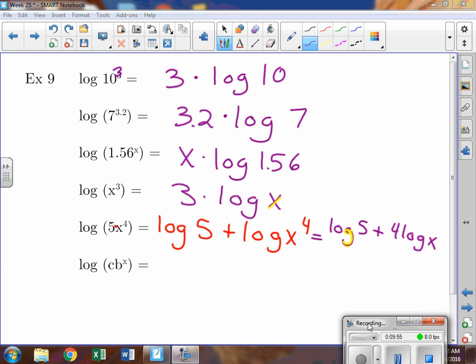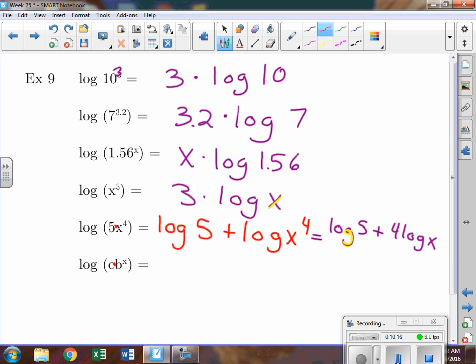Similarly, we will encounter the same problem with this last one. Focusing entirely on variables, we would still need to recognize this is c times b to the x power.